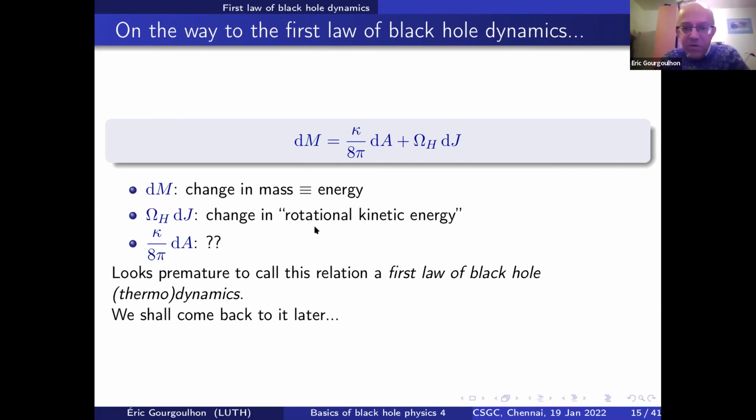But what about the first term? It would look premature to call this first law of black hole thermodynamics because we have no temperature, no entropy yet. So let's keep this first law as it is, and we will come back to it later on.